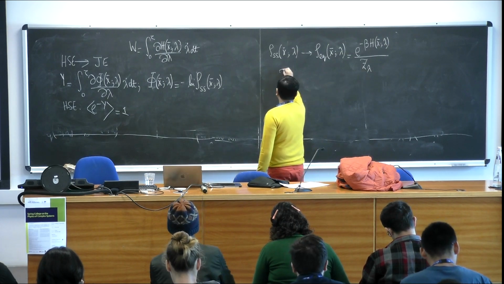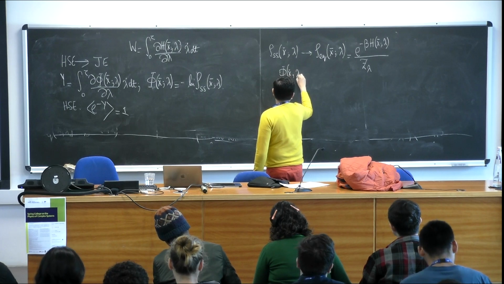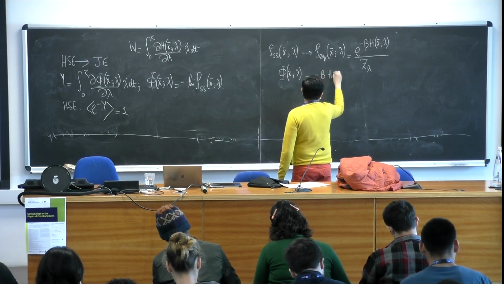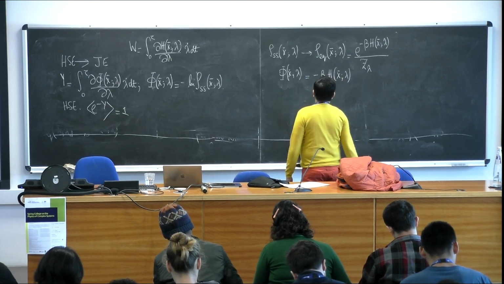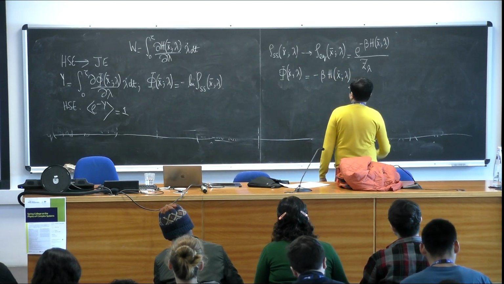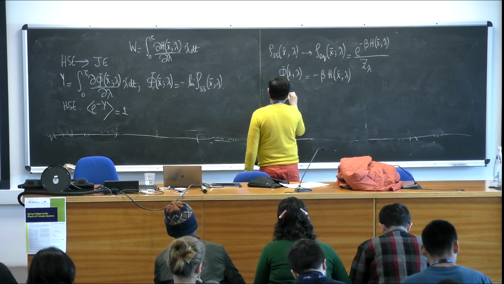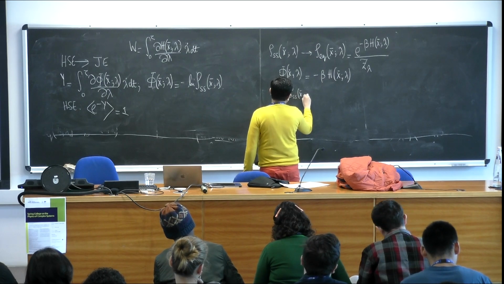Then what is this function phi? This would be minus beta h of x, lambda. Yes, so phi was what? Phi is equal to minus log of rho ss of x, lambda.